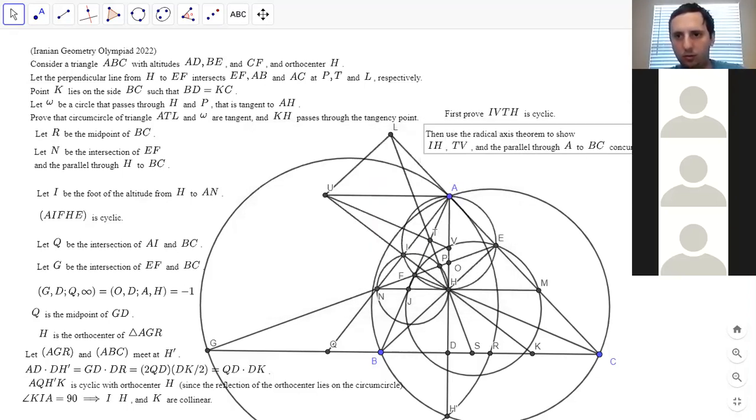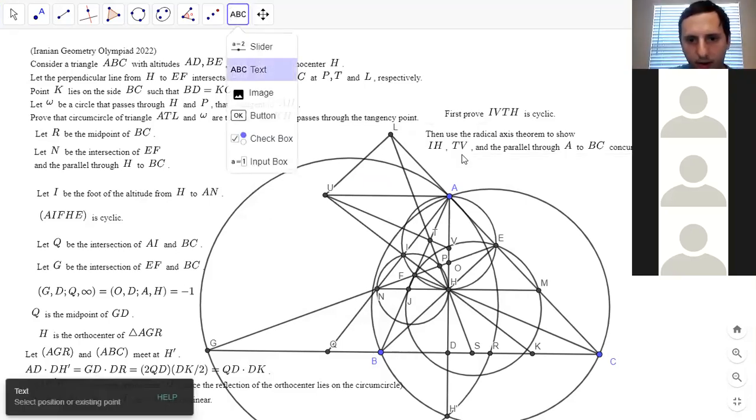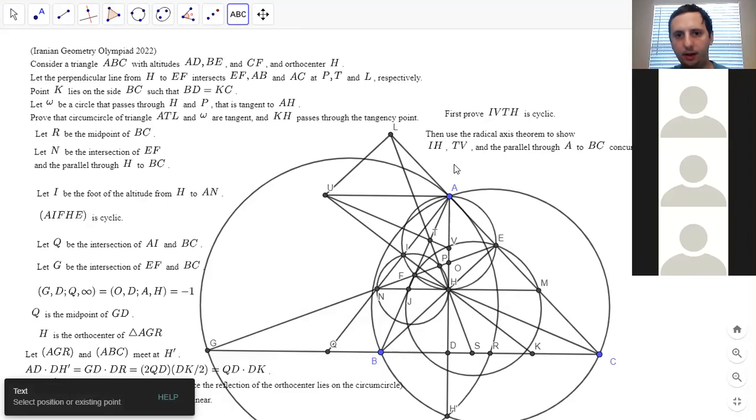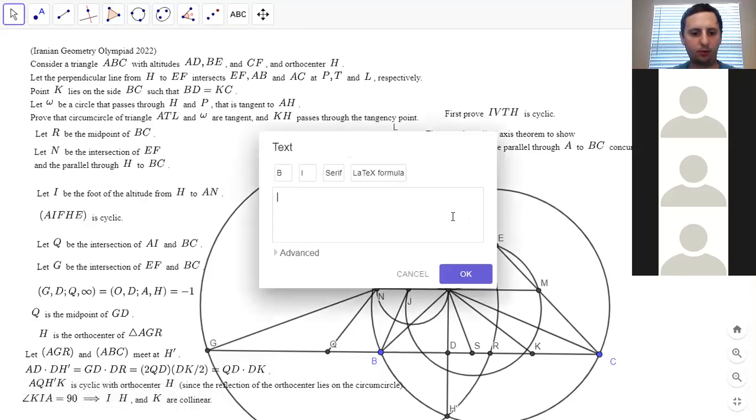And then show that LUITA is cyclic with diameter AU.